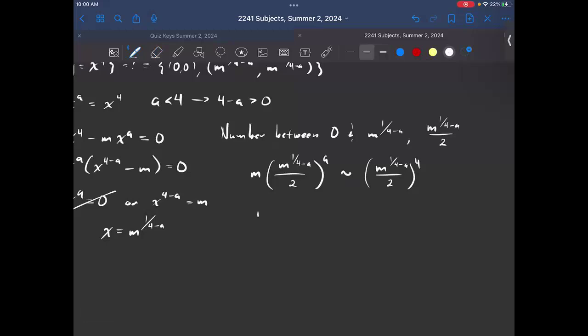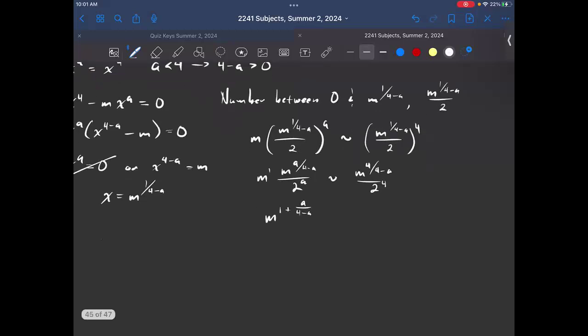Then we have m times m to the a over 4 minus a over 2, and 2 to the a power. That's somehow related to m to the 4 over 4 minus a over 2 to the 4th power. All right, so let's simplify this a little bit more. If I add these two together, I have m to the 1 plus a over 4 minus a.